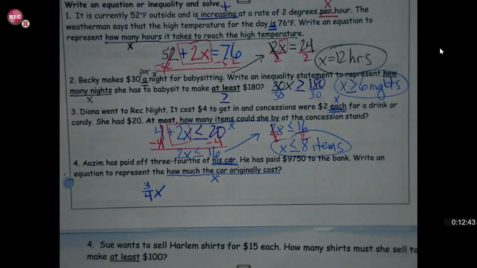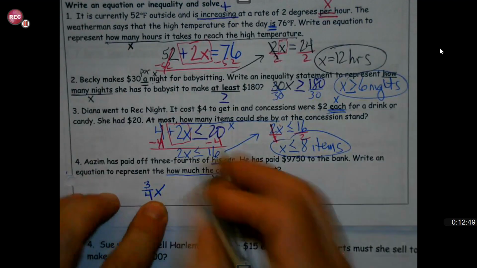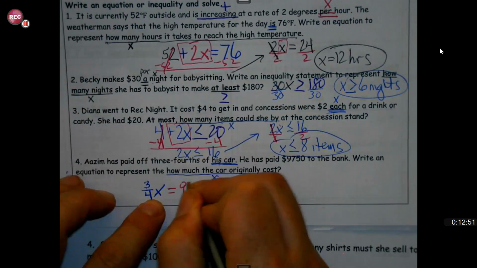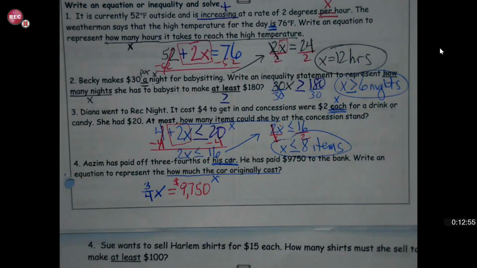He's paid $9,750 to the bank. So 3/4 of his car is $9,750. He's paid 75%. He's almost paid it off. This is good.